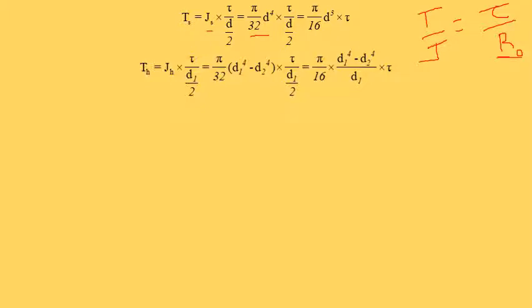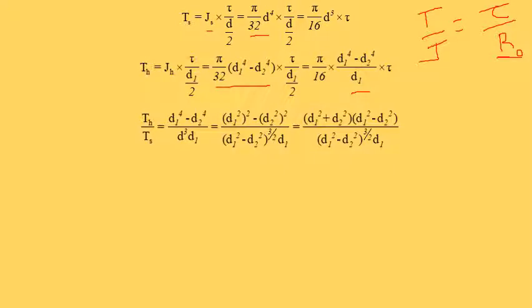So the polar moment of inertia for the hollow shaft is pi by 32 into d1 power 4 minus d2 power 4, into tau divided by d1 by 2. After simplifying this, we got pi by 16 into d1 power 4 minus d2 power 4, divided by d1, into tau.